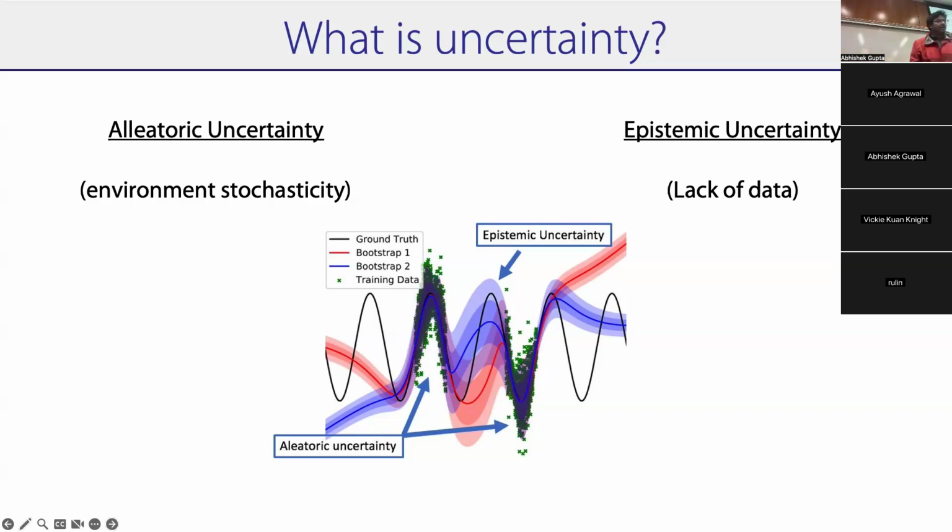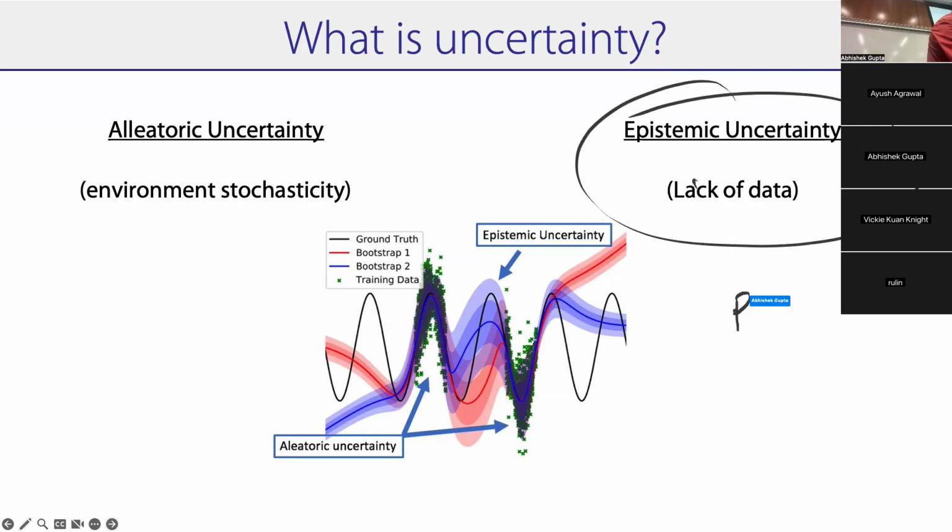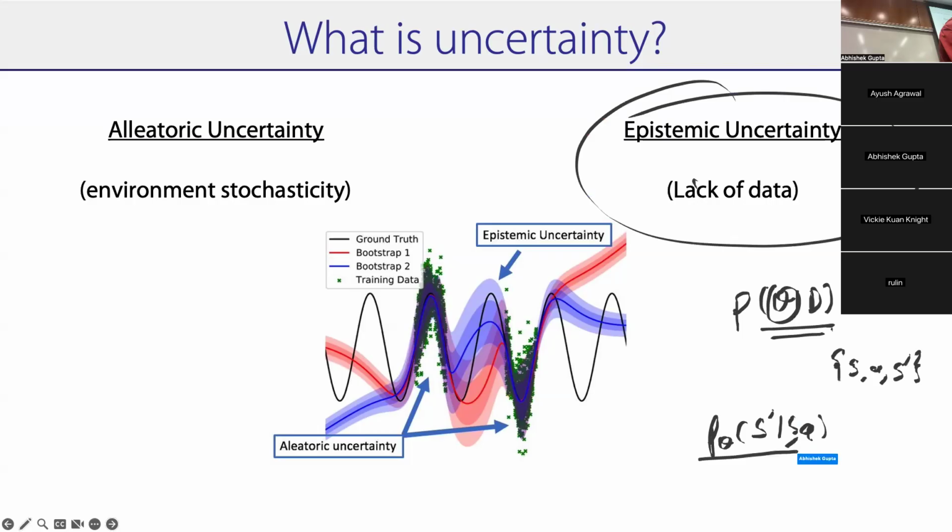And so if you remember what we were trying to do last time, we wanted to estimate the epistemic uncertainty. We wanted to estimate this guy. And we said one way to estimate this guy is you can estimate the posterior, right? It says that given you have some data, let's say your data was state, action, next state, what is the set of models of this form which is consistent with this data, right?